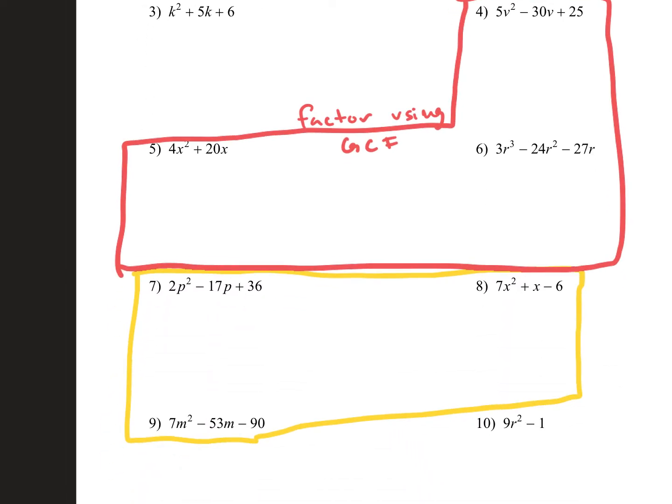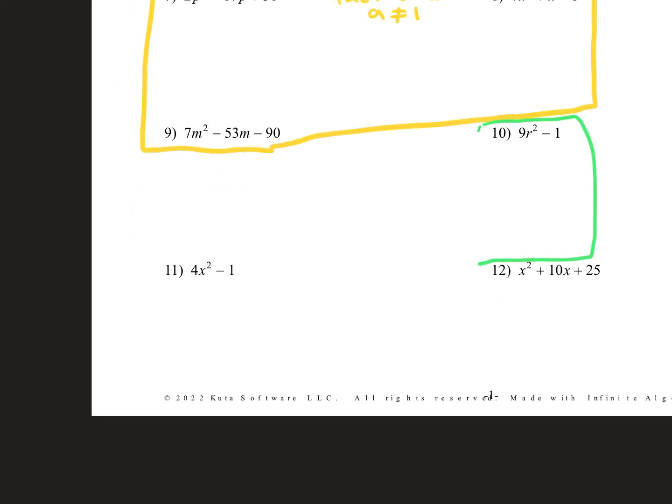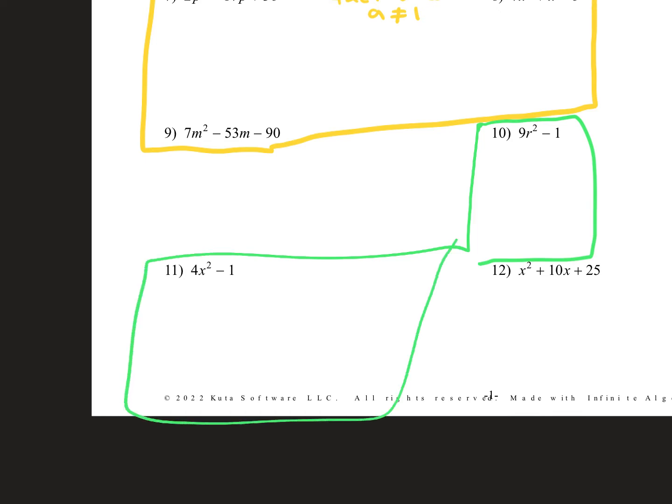Then the next type of questions is factor when A is not 1. Then the next ones, so it's these two here, 10 and 11. These will say factor the difference of squares.